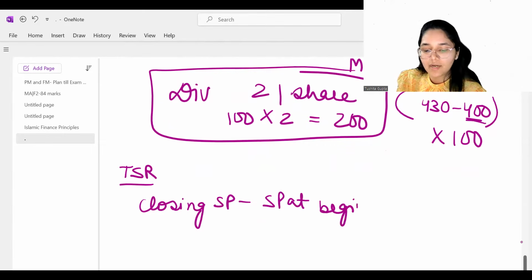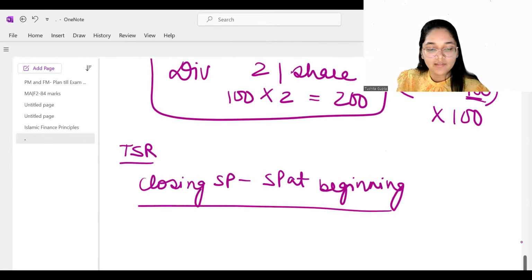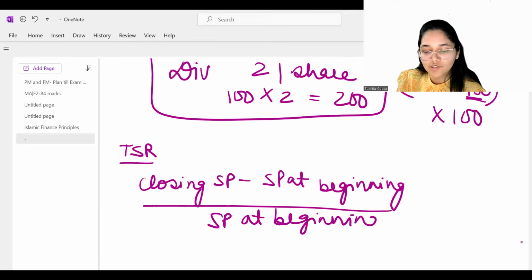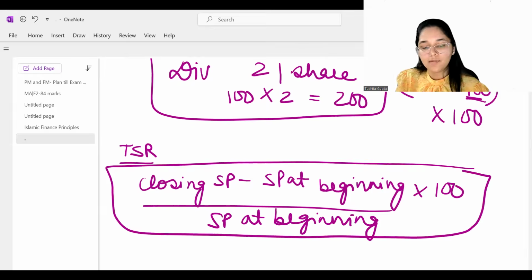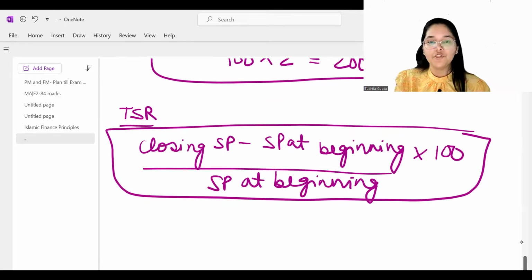And then you divide that by the share price at the beginning, so that you get in percentage terms how much you have actually gained. So multiplied by 100, this gives you the first portion. This talks about the capital gain which you have had.